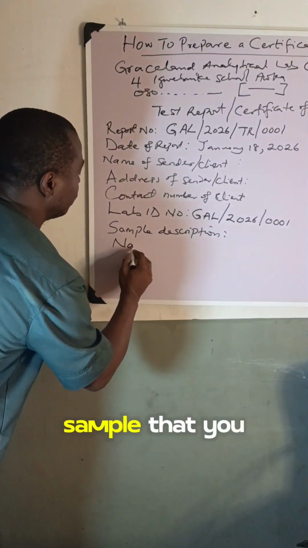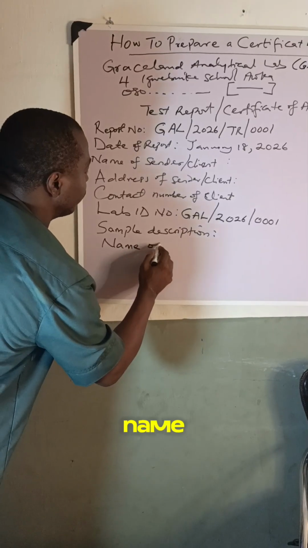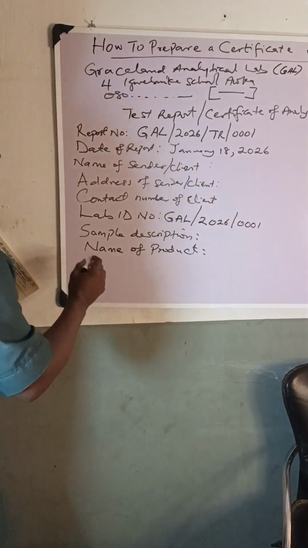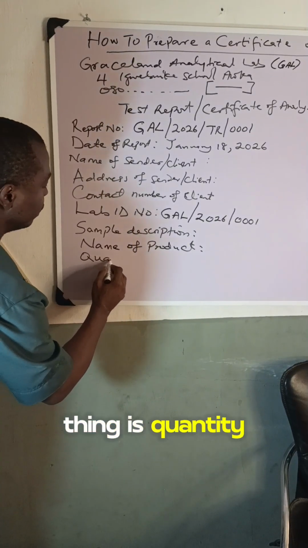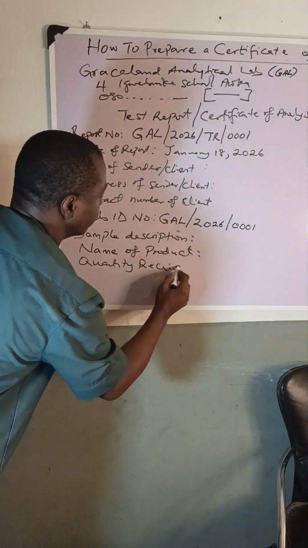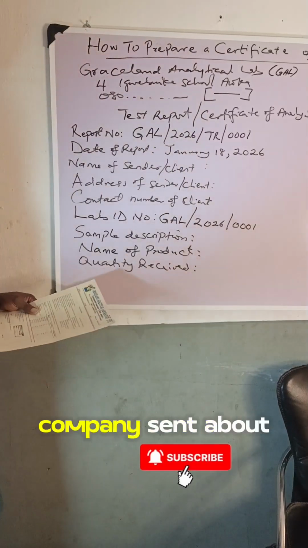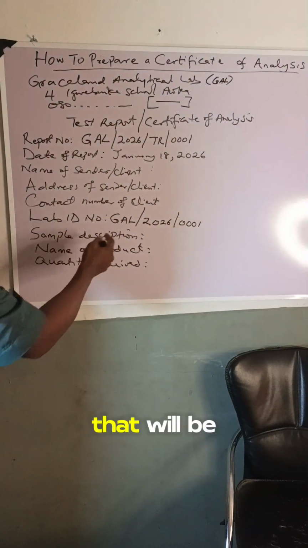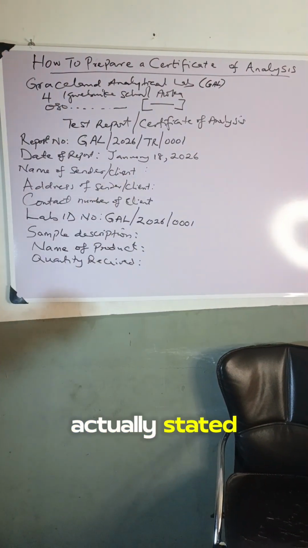Now, every sample that is sent has a name. Maybe you write it as name of product. Now, the next thing is quantity received. Assuming that the company sent about 5 samples or 10 samples or whatever, that will be actually stated.